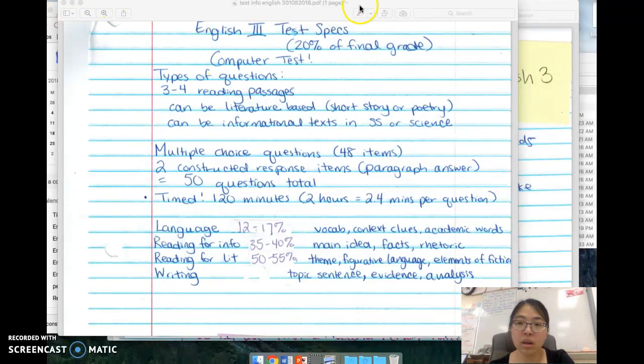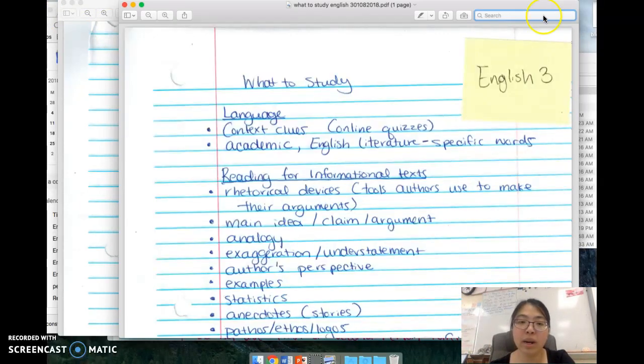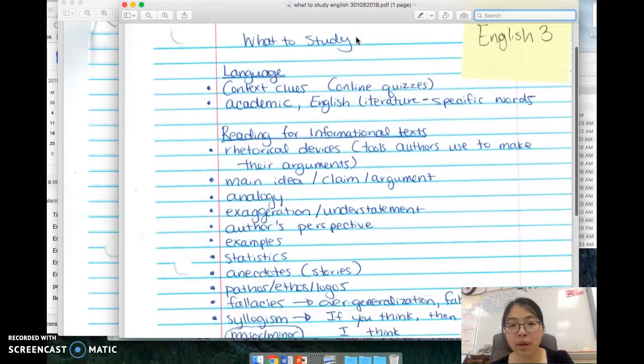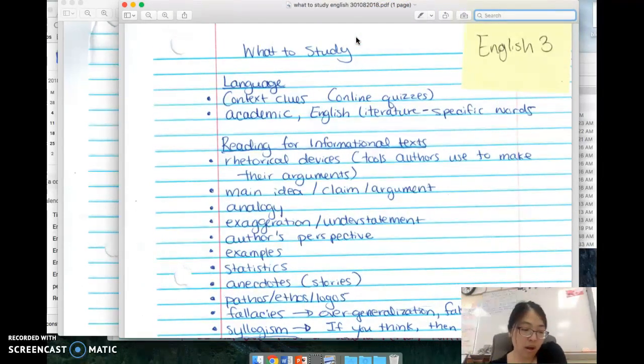So next, we're going to talk about what it is that you can study. A lot of people kind of panic because they're like, well, English is English. You get a passage, you don't know what it's going to be ahead of time. So what exactly can you study? Well, one thing that I've noticed is that a lot of people don't answer the questions correctly because they don't really know what the questions are asking, because they don't know some of the words that are in the questions.